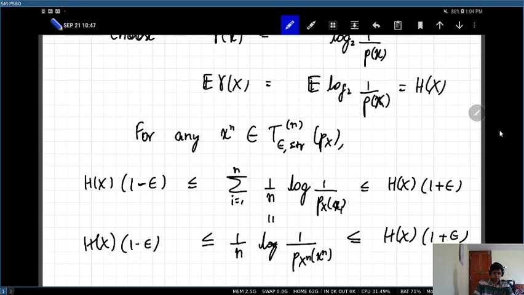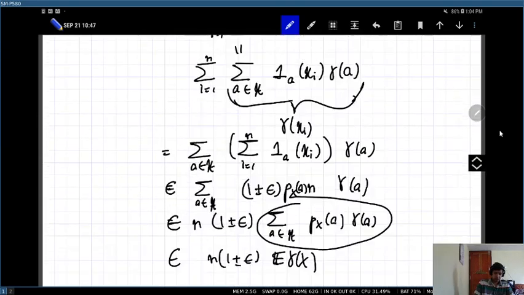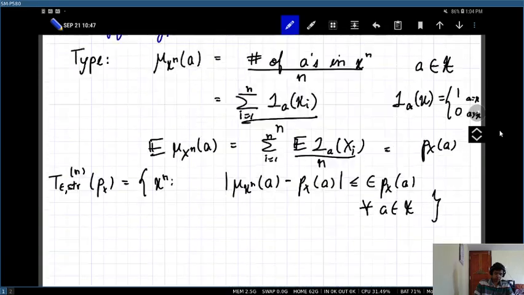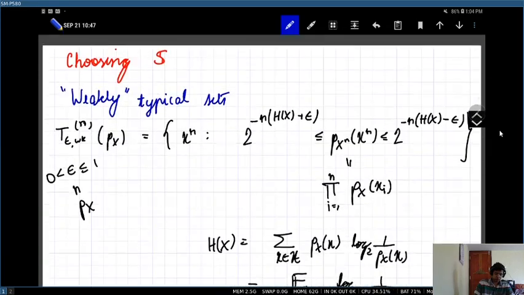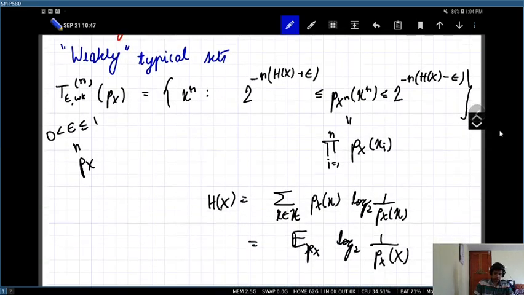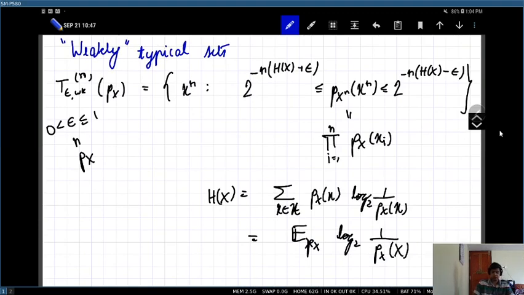right? And if you go back to the definition of the weakly typical set, this is essentially the same, except that this is h of x plus epsilon, whereas this is h of x into 1 plus epsilon.